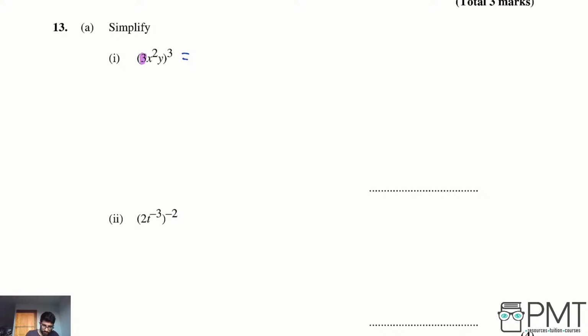We have another one, x squared, and we have the y term. So each of them will need to be cubed separately. This is 13, and that's how I'm going to find the result: 3 cubed times x squared cubed times y cubed.